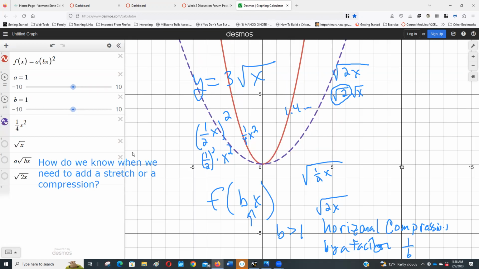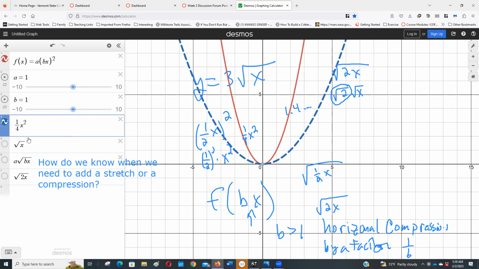So do you see how this is going to be a vertical compression? Let's see which one's dotted. Okay, let's just make that be solid now.